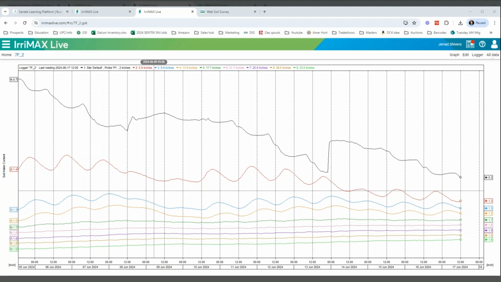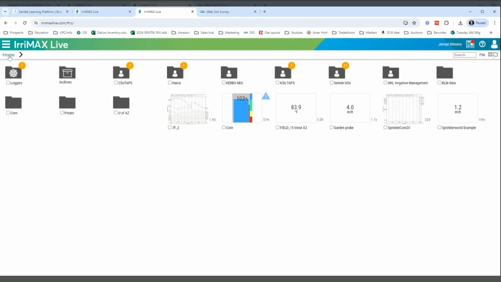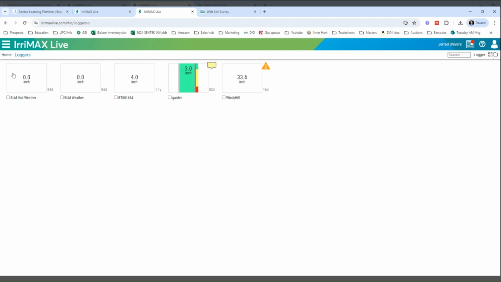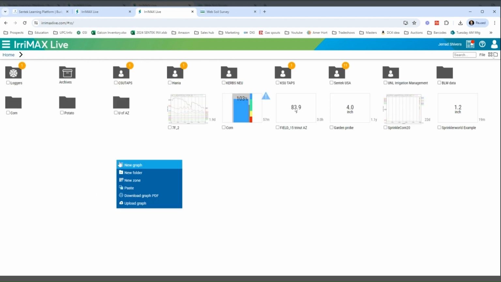This will probably be the first graph that you create if you log into your logger page. From your home page, which is a bit more complicated than what you're going to see, you can jump into your loggers, or you can right click and create a new graph.